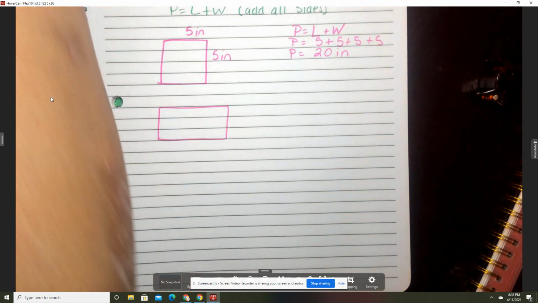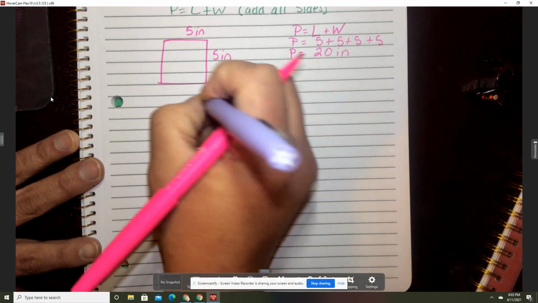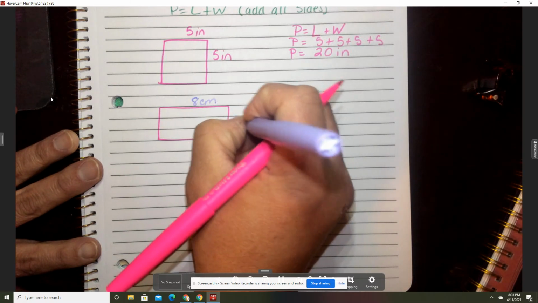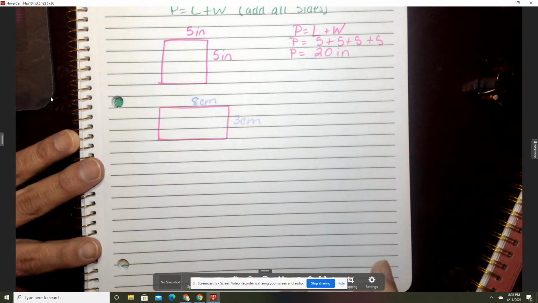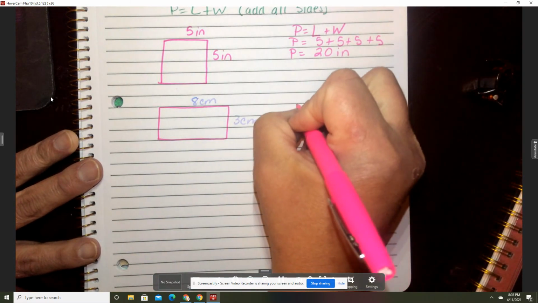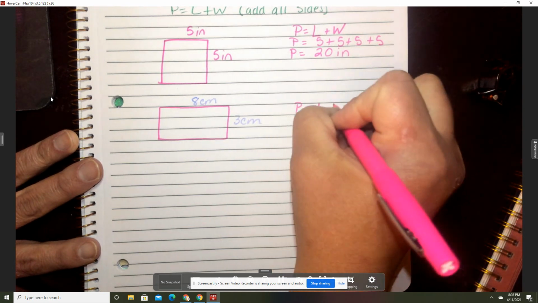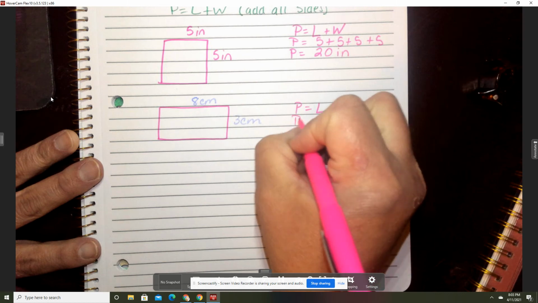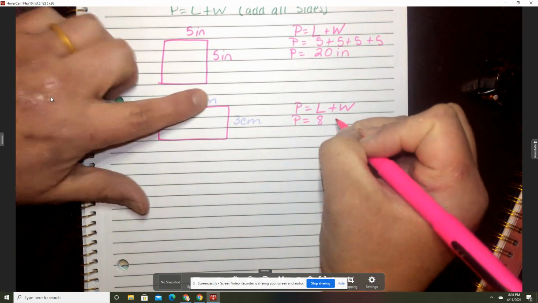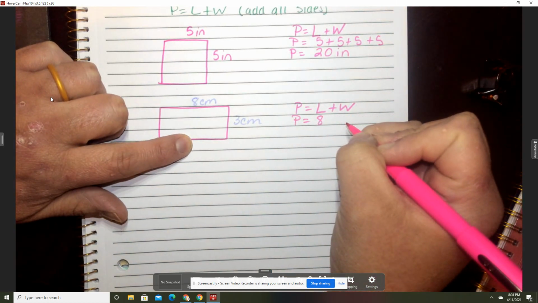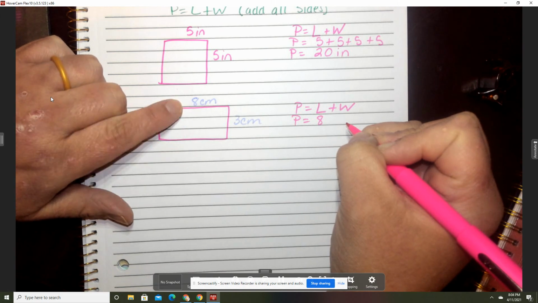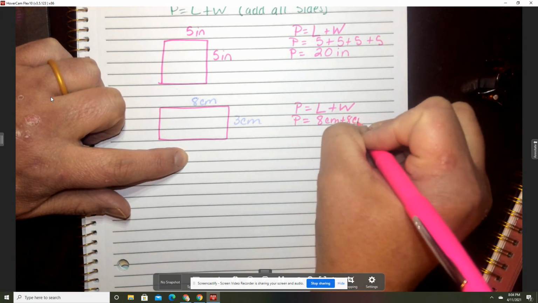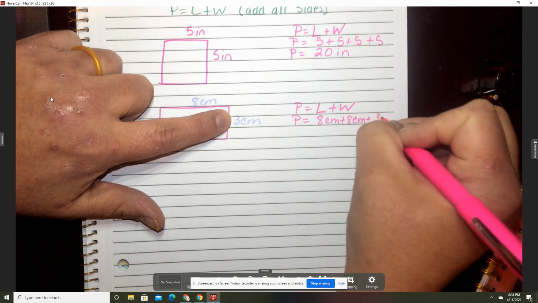All right. I have this rectangle, and it is 8 centimeters and 3 centimeters. So I've got perimeter equals length plus width. Perimeter equals 8, and I'm going to include an 8 here as well because all the sides, and the same thing with the 3.